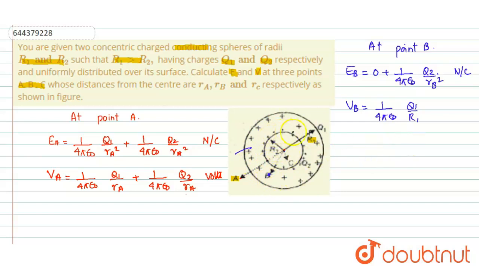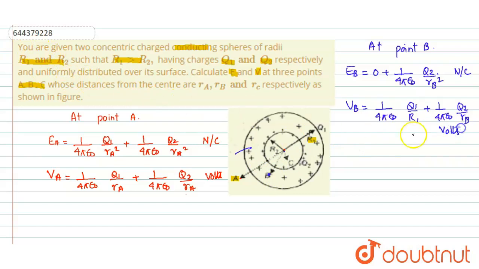Now let us find out the potential due to the inner sphere. Since this point is outside it, we can write 1 upon 4 pi epsilon naught Q2 divided by RB, because for this sphere this point is outside. This will be in volts.